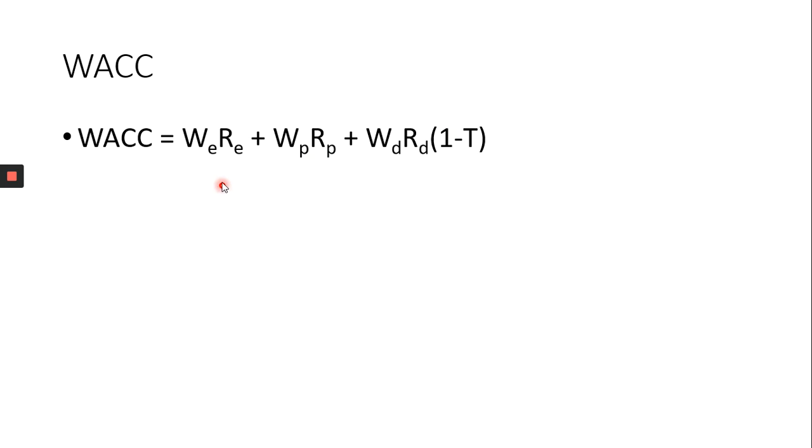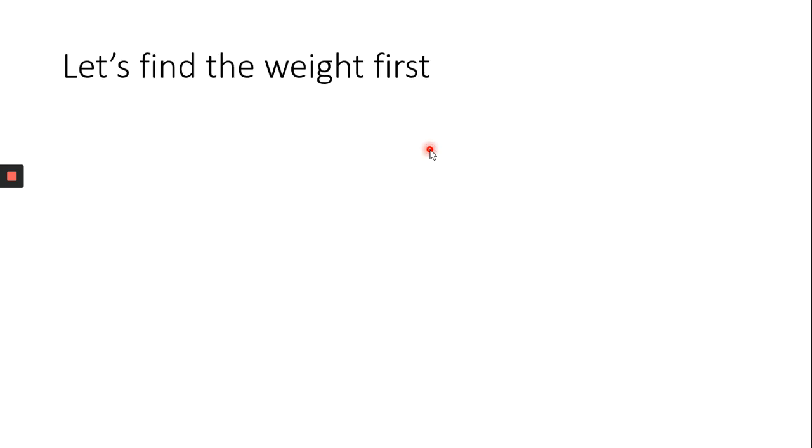First we need to calculate the weight for each one. Once we get everything, we can calculate the cost for equity, preference share, and debt, and plug those numbers in. We'll get the answer. So let's see how to do that. Let's find the weight first.